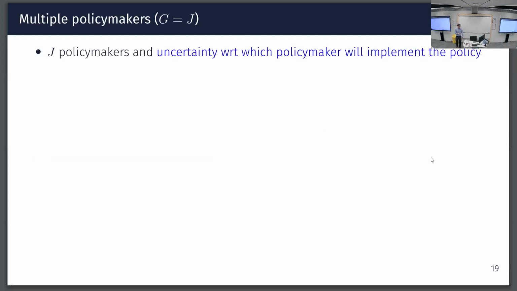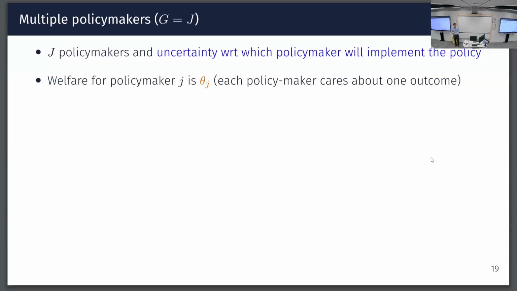So let's first consider the case where the number of policymakers equals the number of outcomes, and there is some uncertainty with respect to which policymaker will implement the policy. So the welfare for policymaker J, let's assume, is just going to be the effect on a given outcome. So we define the expected value of each outcome to be the objective of a given policymaker. For instance, I have a Minister of Health which cares about health, a Minister of Education which cares about education.